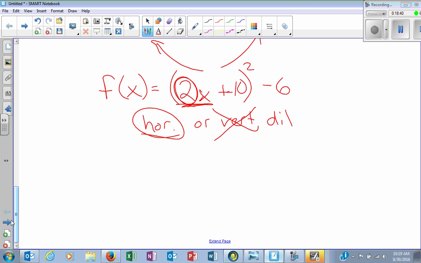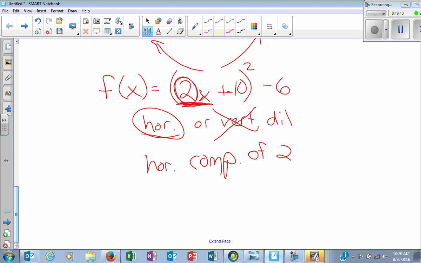And since it hit inside my bubble, it's going to be the opposite of what I think. Normally I think 2 is a stretch because it's bigger than 1. But inside the bubble it does the opposite. So it's going to be a horizontal compression of 2.